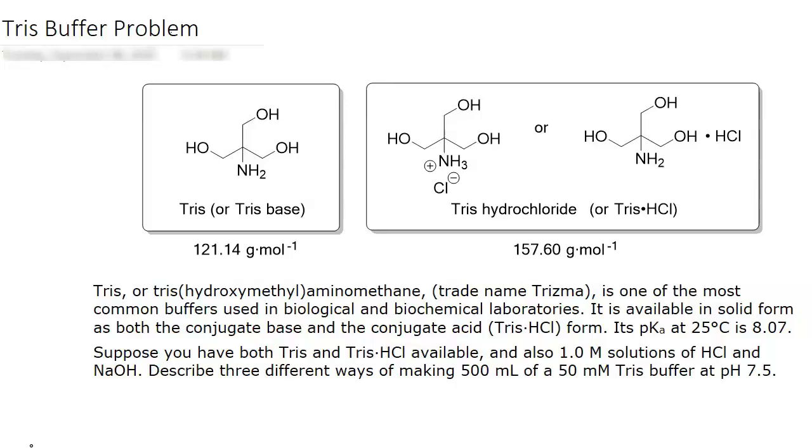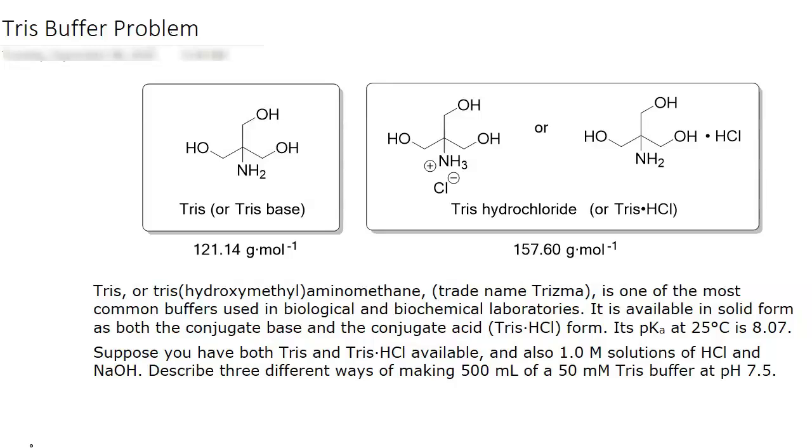It's sometimes used medically, but we're just going to focus on the use as a buffer. You can buy TRIS both in the conjugate base form and the conjugate acid form. Those are shown here on the screen, along with their molecular weights, and those come in the solid form.